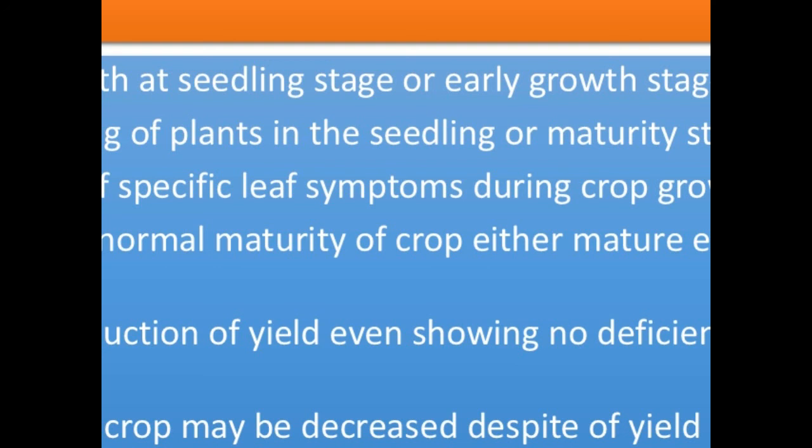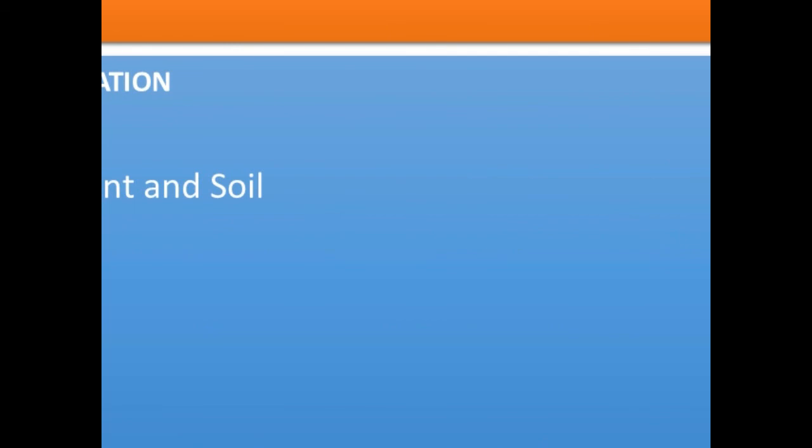The quality of the crop may decrease despite the yield loss. Diagnosis of nutrient deficiency can be performed by two processes: visual observation and analysis of plant and soil.